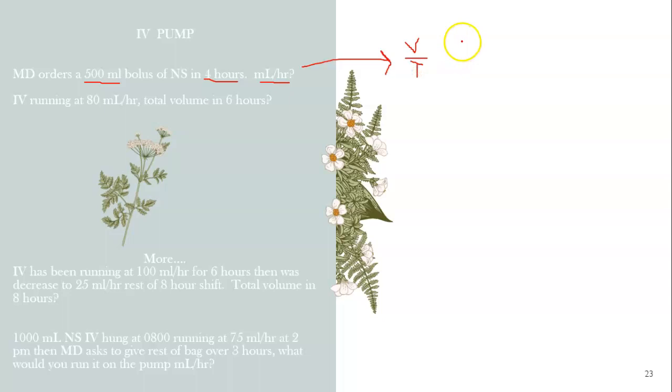My volume over my time, if I have to drive 500 miles in 4 hours, how fast do I need to drive to get there? Leave that in hours because we're on a pump. 500 divided by 4 is 125 an hour. Now, if I was driving, I'm probably going to get picked up by the police.